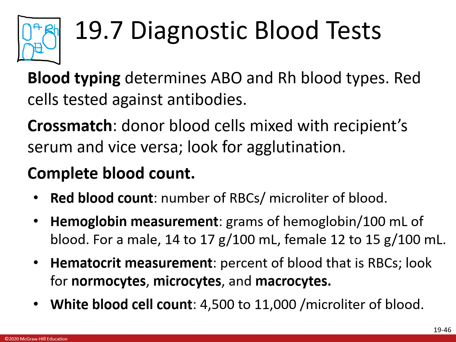So what they'll do is they'll put the person's blood into these wells, and then we're going to put in the antibodies, so antibody A and antibody B, as well as the antibodies associated with Rh, and if you get a reaction, then you know that, obviously it can't be that.